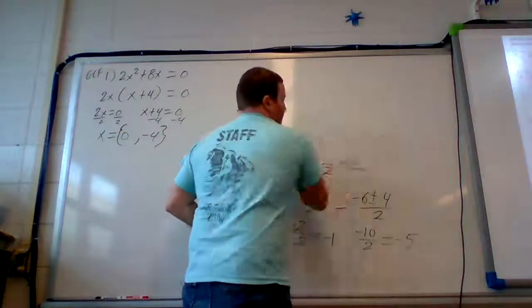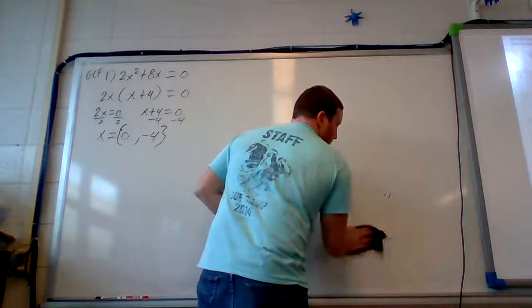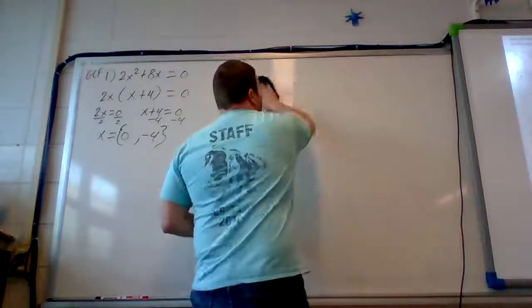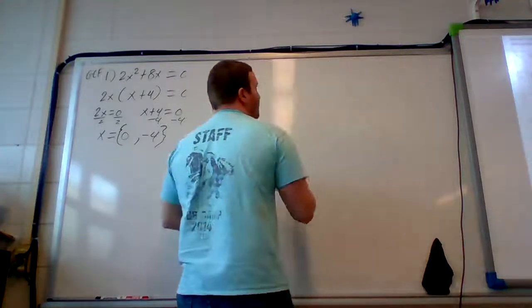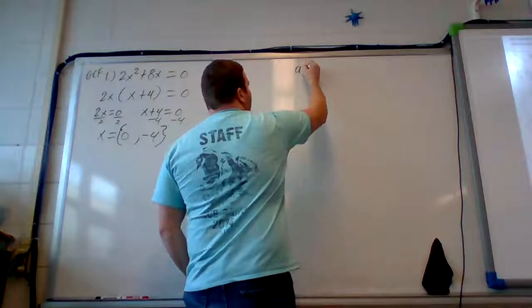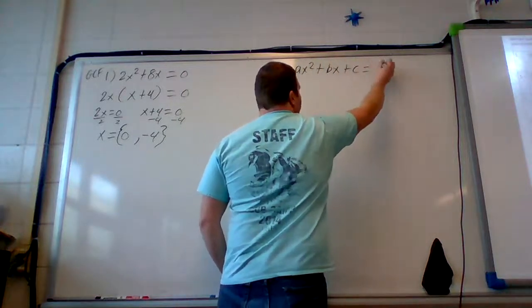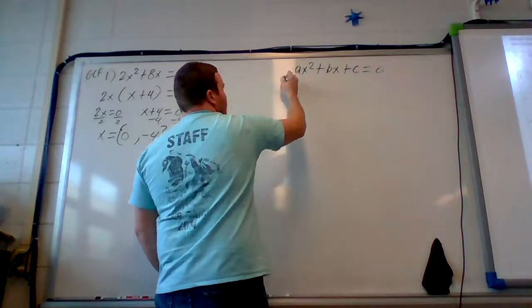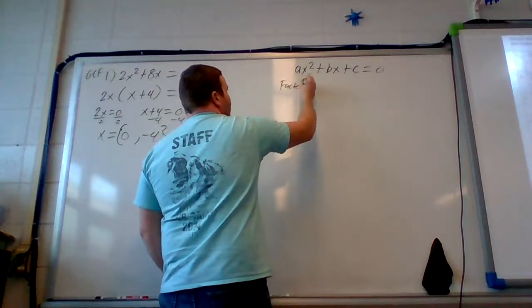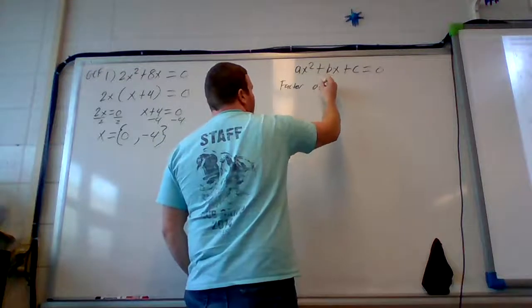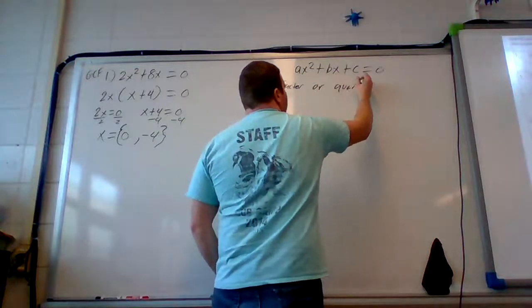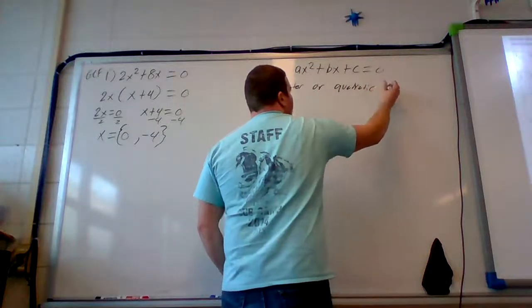Let me give you guys a little bit of a hint. When you're trying to decide what method to use, if we have the form of x squared plus bx plus c equals 0, you can either factor that, if it's possible to factor, or you're going to have to use the quadratic formula.